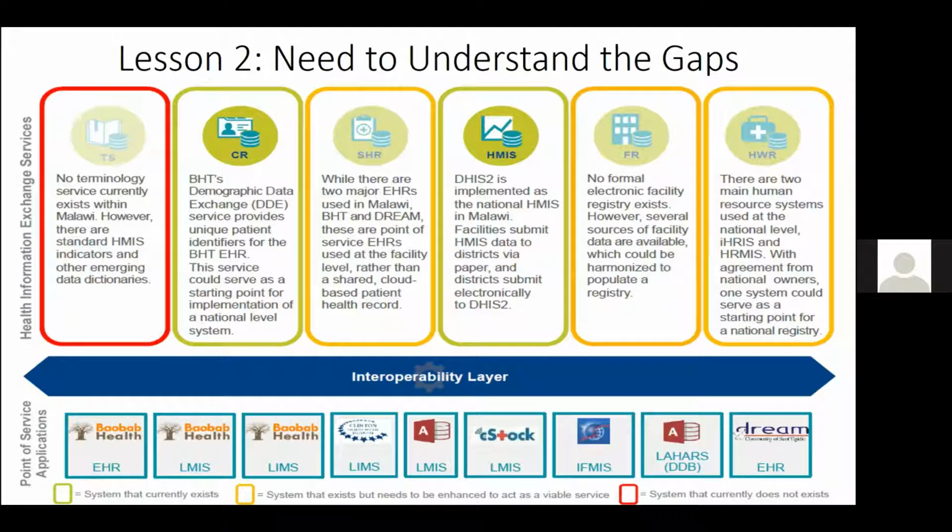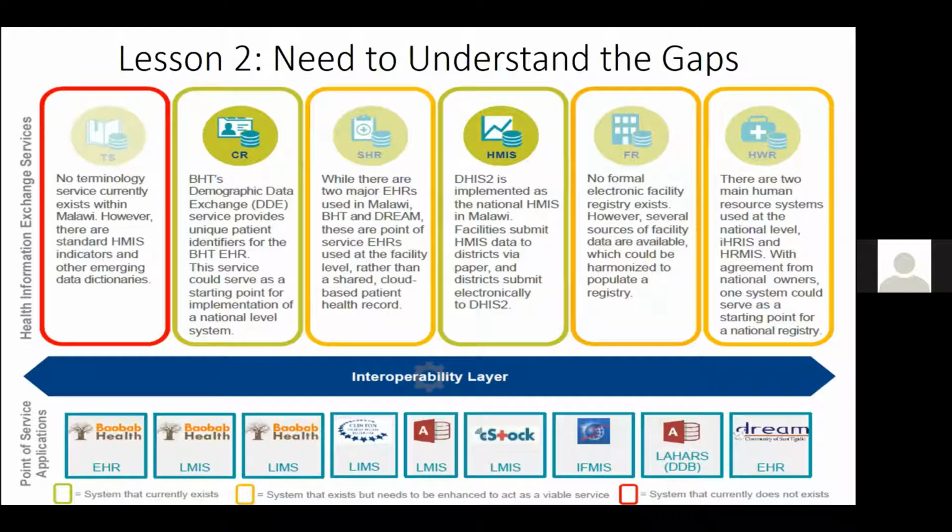You can see from us, when we did the assessment in 2015, we already noted that key components like the client registry were already available. And also the HMIS was available, collecting a lot of health information.